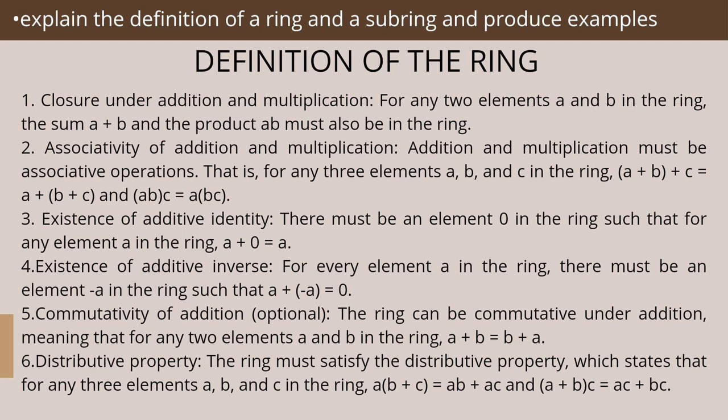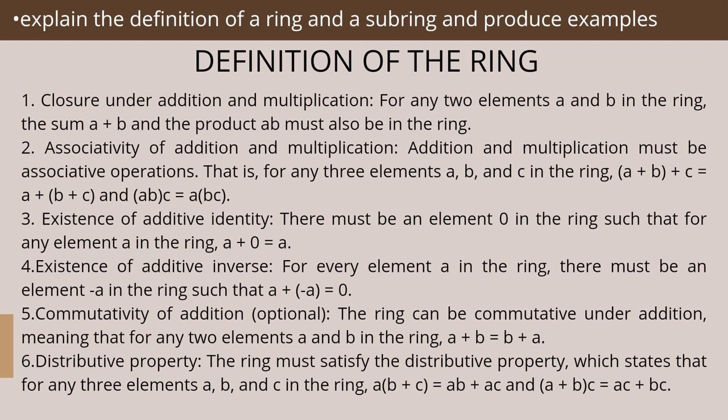Third, existence of additive identity. There must be an element 0 in the ring such that for any element A in the ring, A plus 0 is equal to A. Number 4, existence of additive inverse.